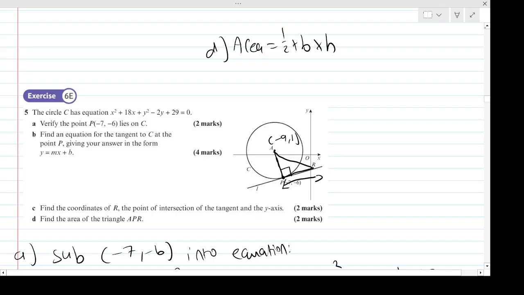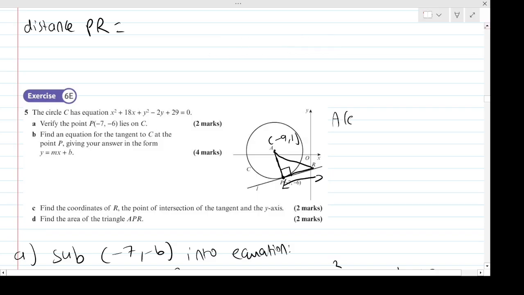To find the base, we're going to need to use the distance formula, unless there's an easier way I can't spot. So the distance PR, the area again is half times base times height.